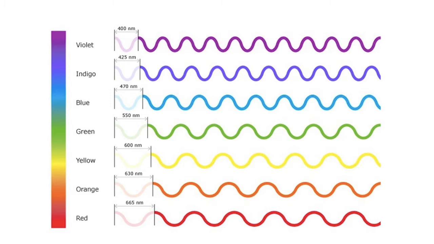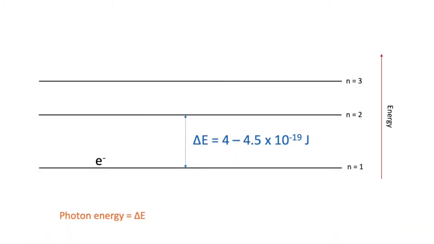The color of this light emitted is determined by the energy gap as well. For example, the light will be blue if the energy gap lies within the range of 4 to 4.5 times 10 to the minus 19 joules, as was mentioned earlier, that this is the energy range of photons corresponding with blue color.